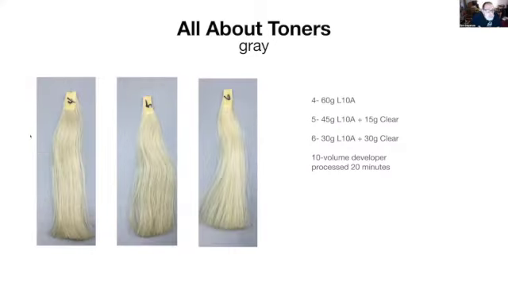Now this one is liquid 10 ash, and you can see it's so much lighter. But look here, when you look at 10 ash with clear, even though it's almost invisible, 10 ash with 30 grams of clear, notice something interesting about these. You're seeing more of the yellowish coming through on the hair.